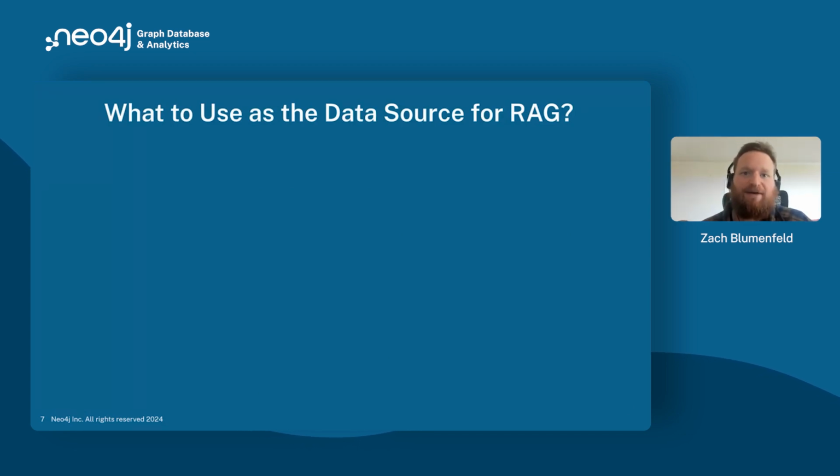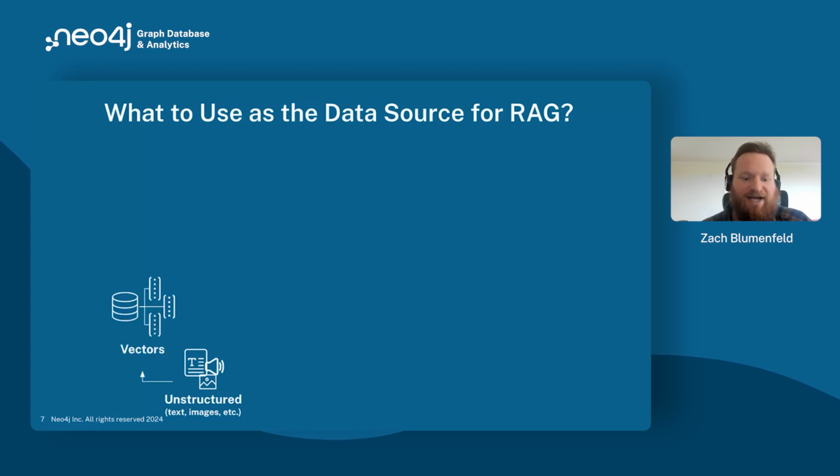And so a question often comes up: what type of data source is ideal for retrieval augmented generation? To think about that, we have to think about the different types of data sources, where our data comes from. Oftentimes we get a lot of unstructured data, things like PDF documents, sometimes multimodal, like images and stuff like that, in addition to text. There's a couple different ways that we can deal with that, right? We can vectorize that data, basically enabling us to do different forms of semantic search.